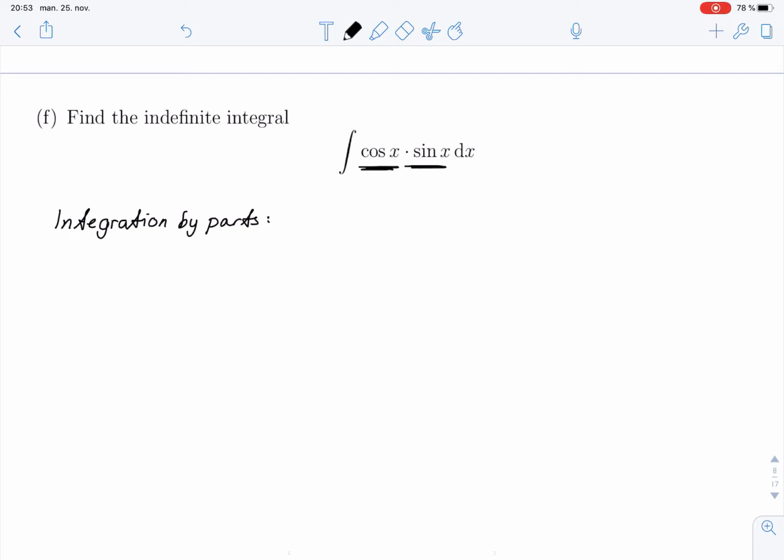The reason you can use substitution is that if you set u equal to sine x and you find the derivative, that would be cosine x. And that you already have in your integral.